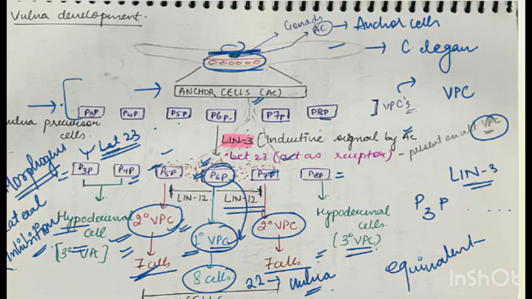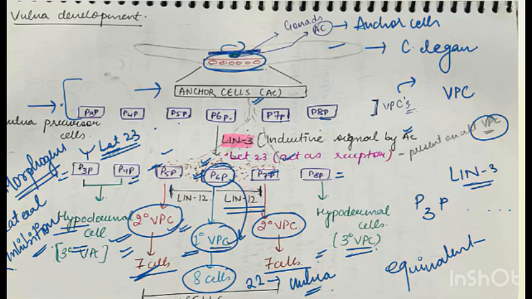It starts with the anchor cell releasing an inductive signal. The inductive signal is perceived by the receptors, and because of that perception, the primary and the secondary vulval precursor cells get formed, followed by these primary and secondary vulval precursor cells converting into a specific number of cells and forming the entire vulva.